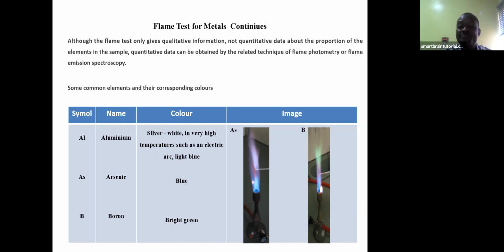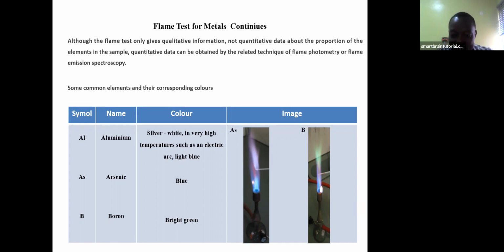You know, when the temperature is very high, like that of an electric arc that is used for welding, over 2000 degrees Celsius, it gives a light blue. But on a normal temperature, it gives a silver white. Then next is arsenic. Arsenic will give blue color when exposed to flame. Then boron. Boron will give bright green.